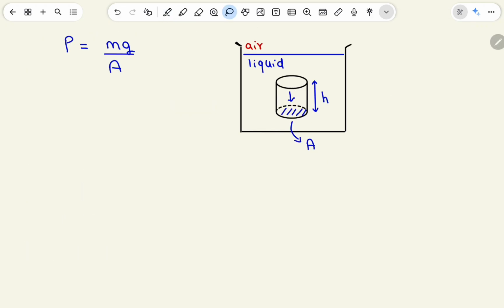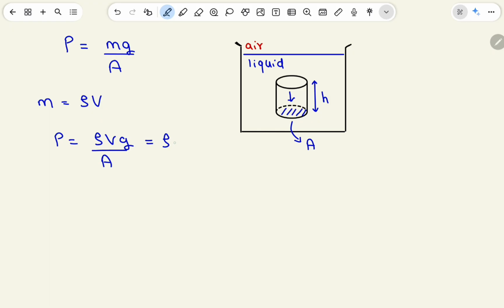Okay, so this was the last relation that we got. Pressure is equal to mg upon area. Now, let's simplify this. We know mass is nothing but density times volume. Now, if we substitute this in the place of mass, the equation of pressure becomes rho Vg upon area.